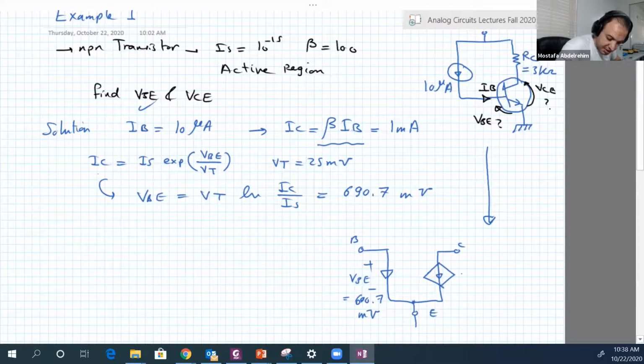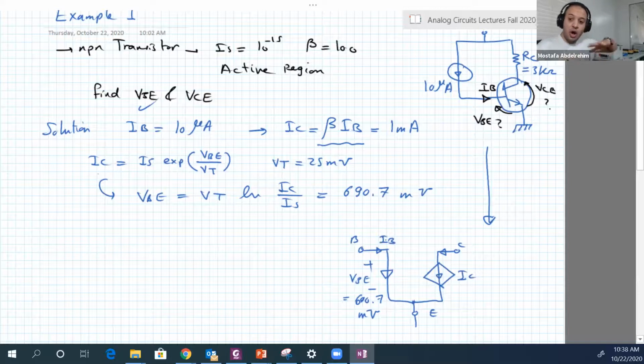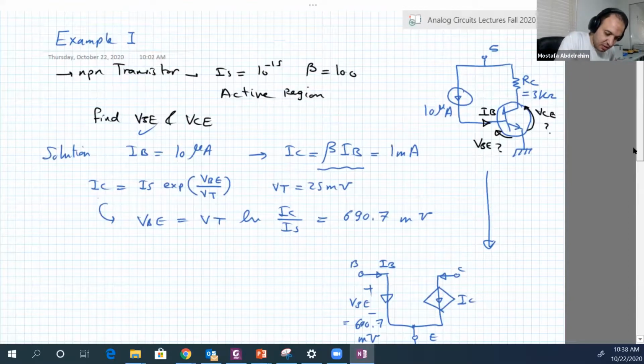Here is IC. Okay, here is I. Now we draw other parts of the circuit. So let's take terminal by terminal. First we have the collector, for example. The collector is connected to a resistor called RC.